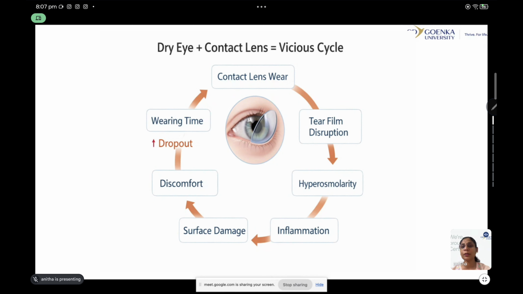The salt content of the tear film increases, and because of this, there is an inflammatory reaction. There is an increased amount of cytokines and inflammatory agents in the tear film, and because of the increased inflammation, there is damage to the ocular surface, and any surface damage will induce discomfort. And what happens when somebody wearing contact lenses experiences discomfort? They will try to reduce the wearing time.